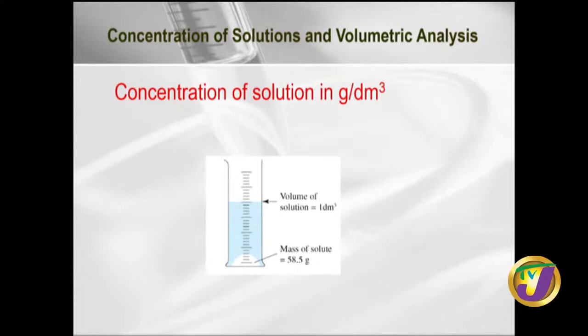Now, here is a solution. It has a mass of 58.5 grams in 1 dm cube of solution. We'll be talking about the meniscus and how to read our solution using the bottom of the meniscus.